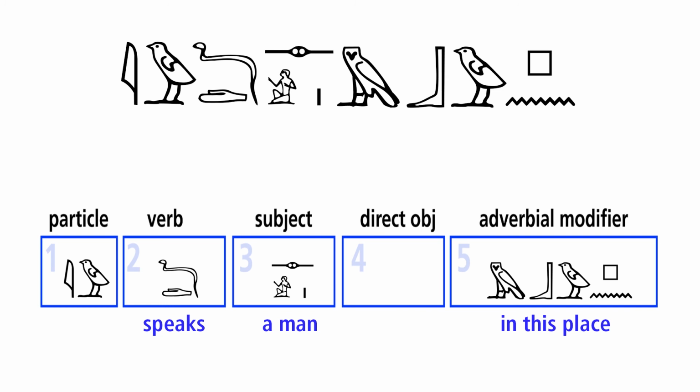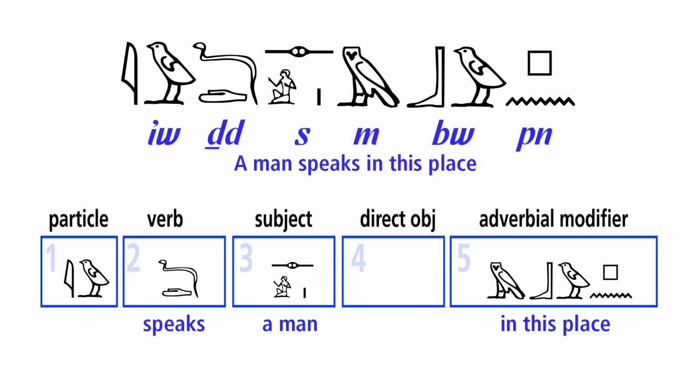Nothing in slot 4. And we have a prepositional phrase in slot 5, m bw pn, in this place. The noun bw, place, is masculine, which means that the demonstrative adjective must also be the masculine pn, this. And the translation is, a man speaks in this place.